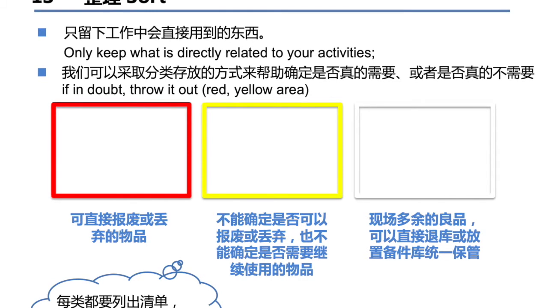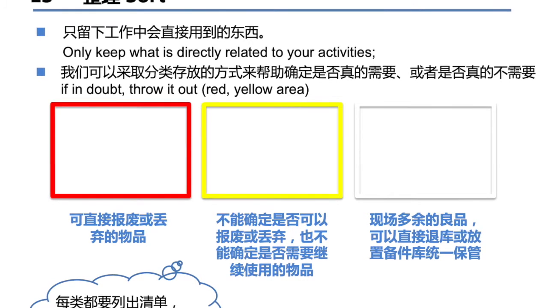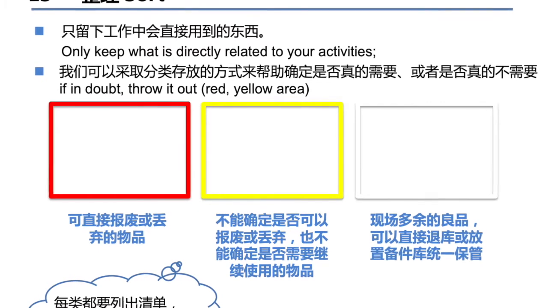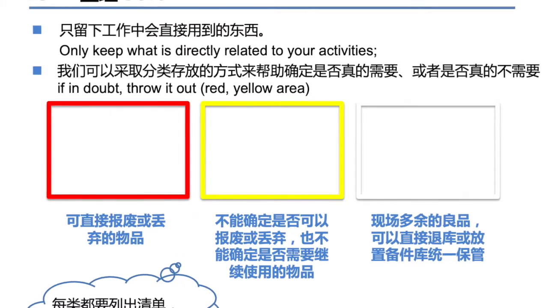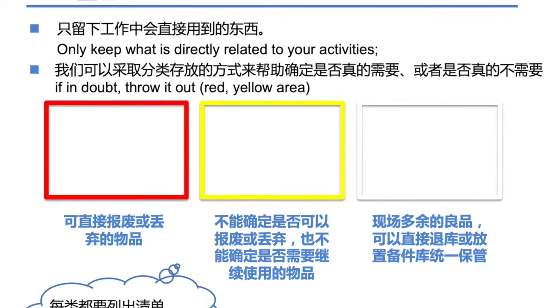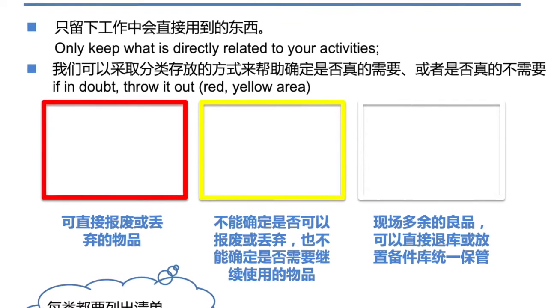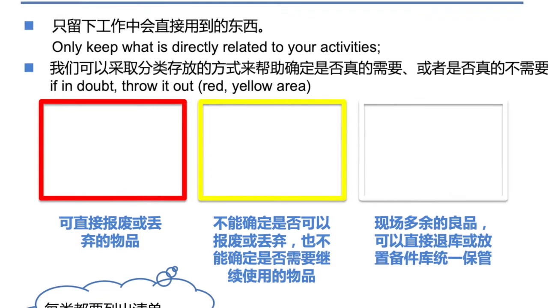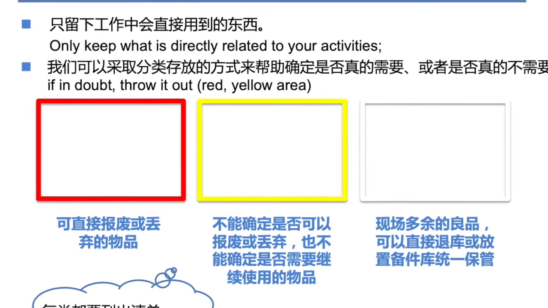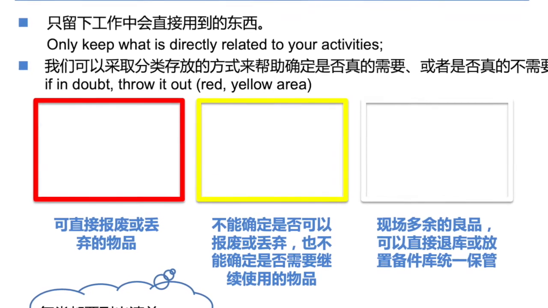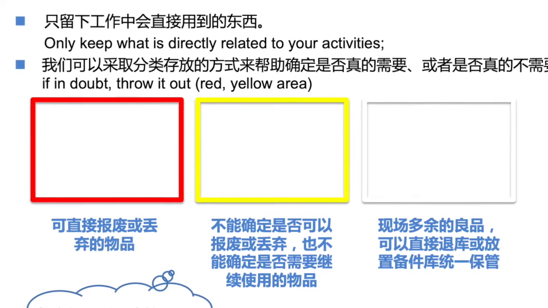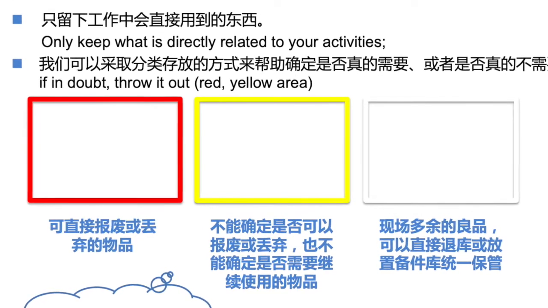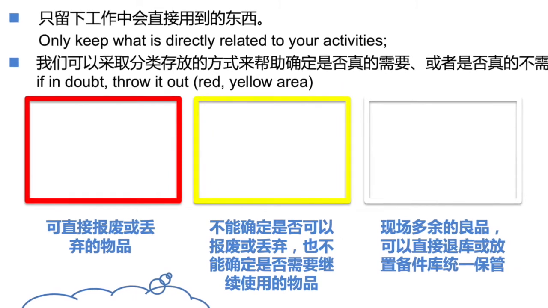When doing sorting, we can use different colors of tape. We can have a red tape, and yellow tape, and white tape. Make a square on the floor, using different tape.